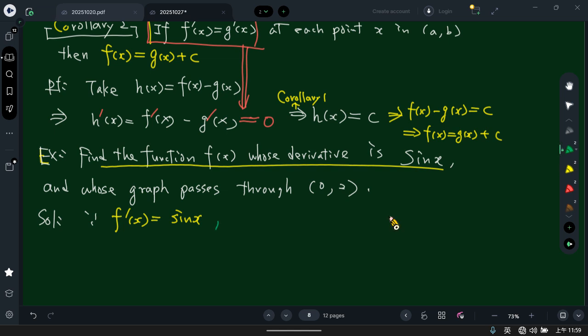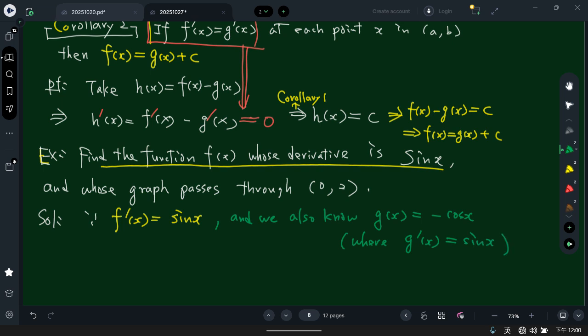And at the same time, we also know that if g of s is equal to negative cosine x, then we can have g prime s is sine x, right? Why?